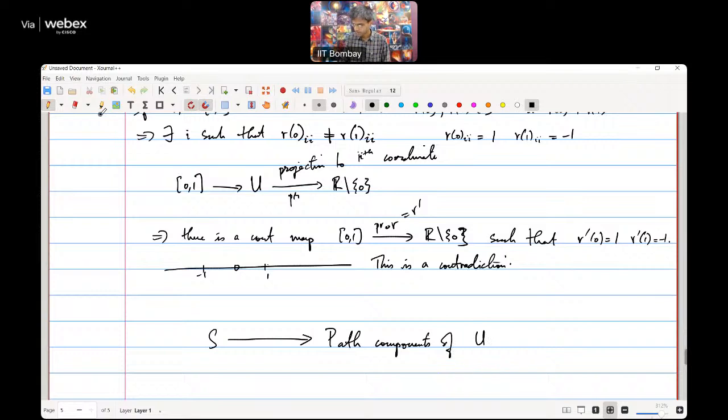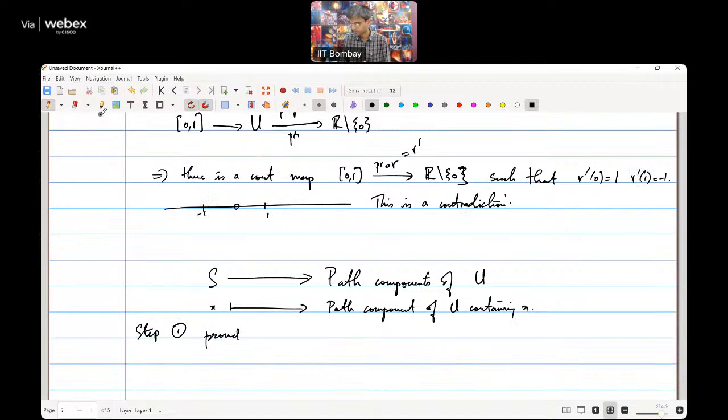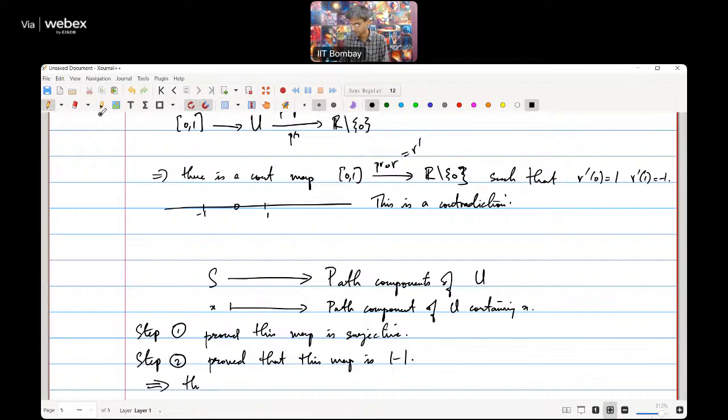Given an element X in S, we can send it to the path component of U containing X. Step 1 proves that this map is surjective, and step 2 proves that no two elements of S go to the same path component, so this map is injective. This implies that this map is actually a bijection.